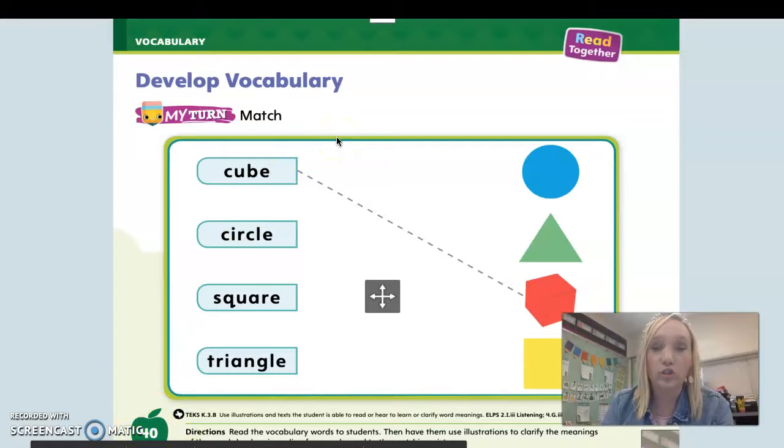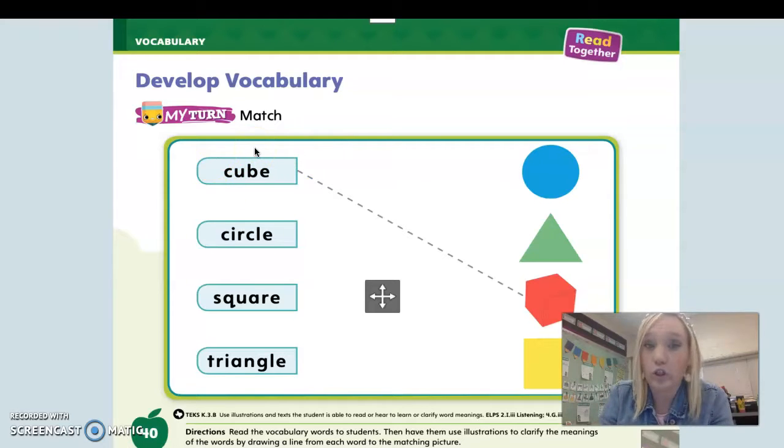What you have to do is try to remember the words that we talked about, and if you need help, you can look inside of your journal. And remember, we're going to look at the word. So this is the word cube, and you're going to find the picture over here, and we're going to draw the line to the picture.